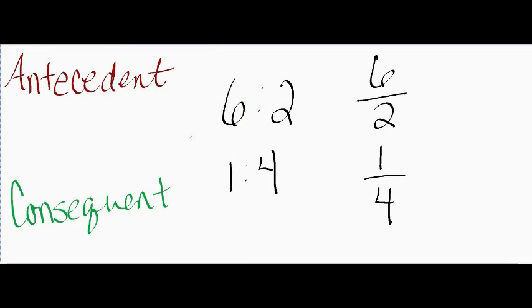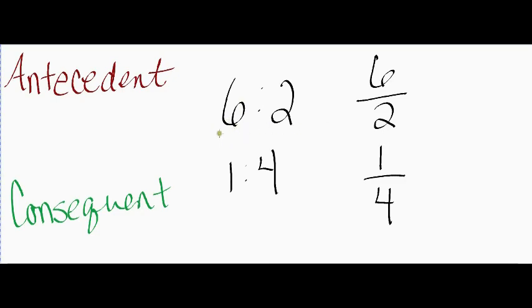Just as when we're talking about fractions, we have the words numerator and denominator to tell us which number we're talking about. When we are dealing with ratios, we have the words antecedent and consequent to help us know what we're talking about. In a ratio, when they're written in the traditional way with the colon, the antecedent is always going to come first.